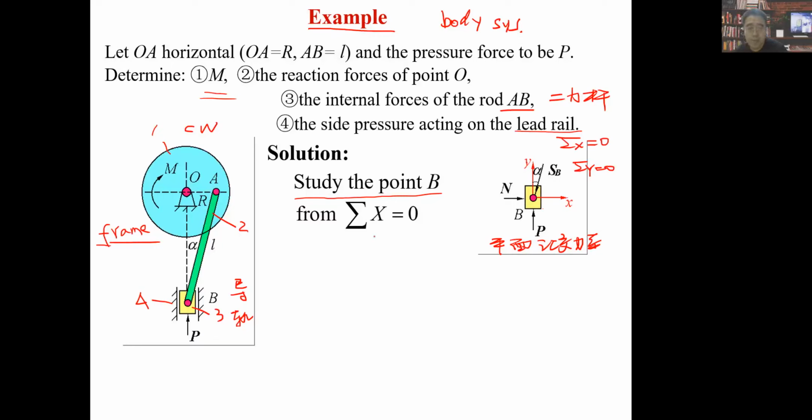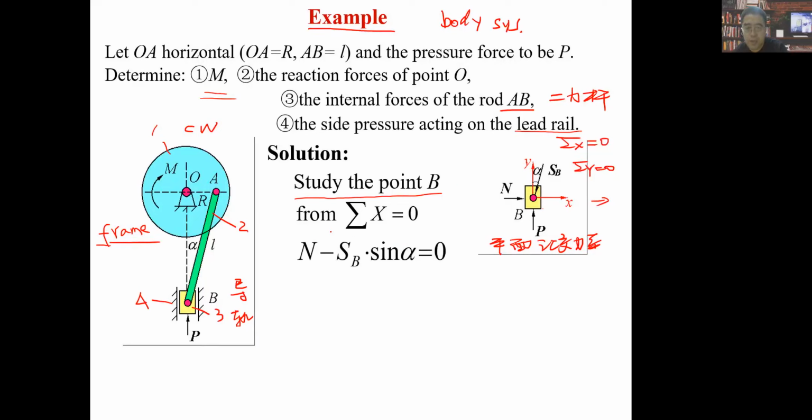So from sigma x equals 0, we can find, we give the default coordinate system: the positive x direction points right, and upward is the positive direction of the y-axis.